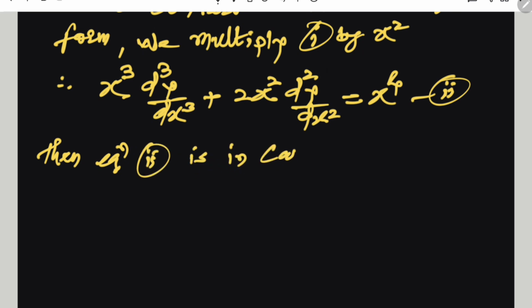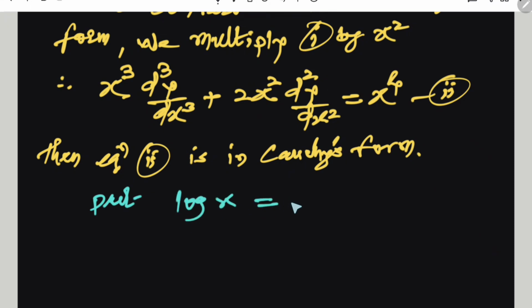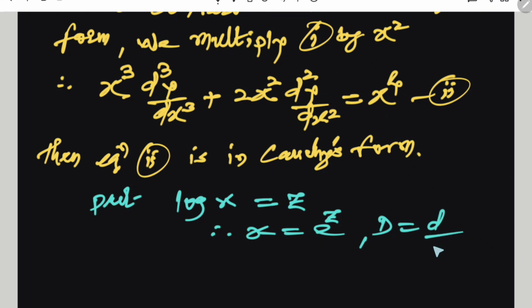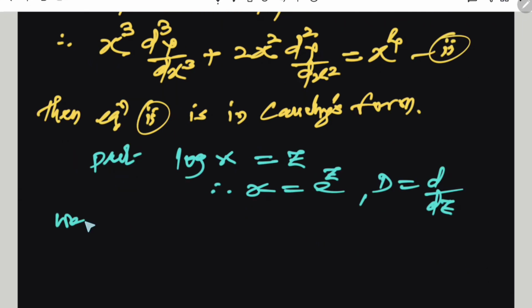Then, to convert it into a linear differential equation with constant coefficient, we put log x as z, the new independent variable. x is equal to e raised to z. Capital D stands for d by dz. We have x into dy by dx as capital D operated on y.